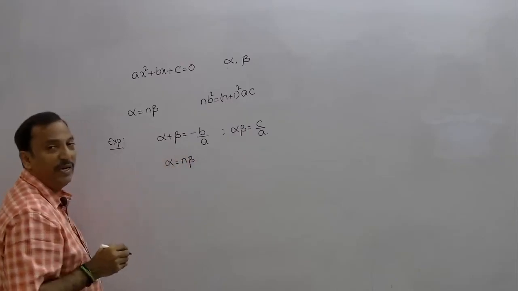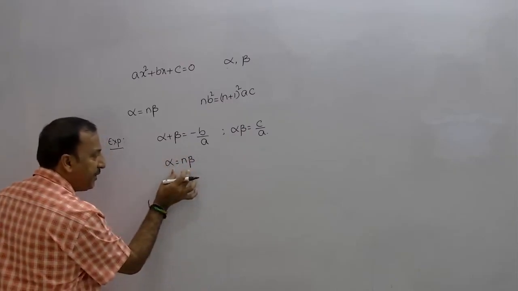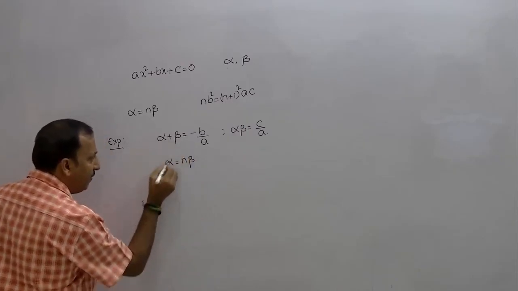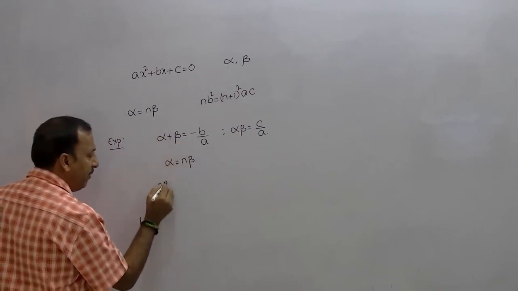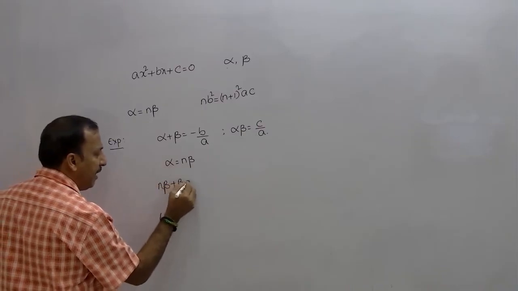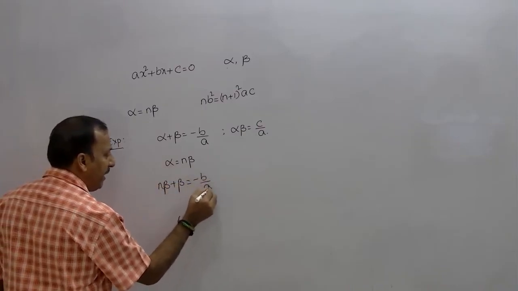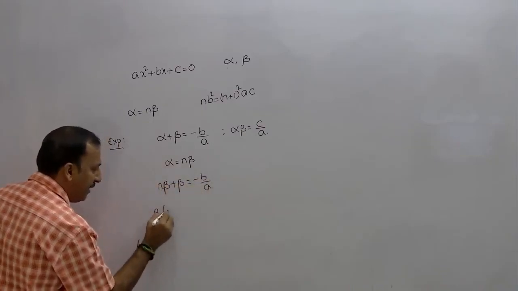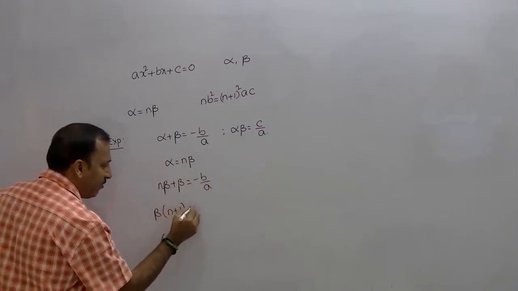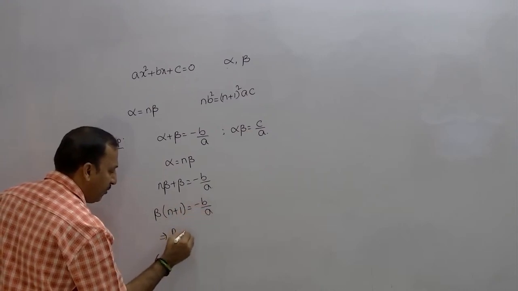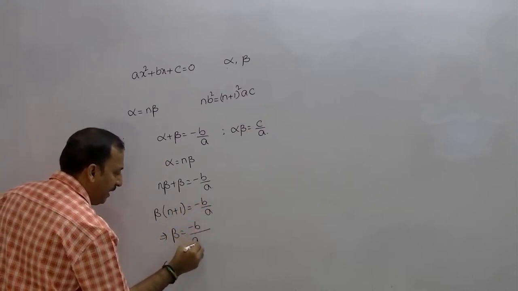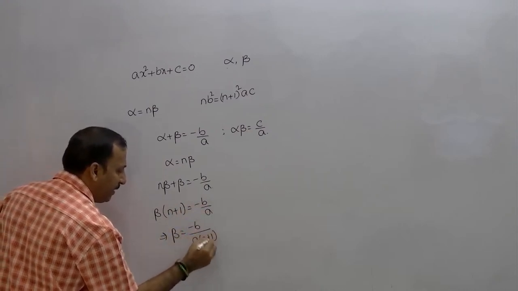Alpha is equal to n into beta. Substitute this in 1. In the place of alpha, we have to put n beta. So n beta plus beta is equal to minus b by a. So beta into (n plus 1) is equal to minus b by a, or beta is equal to minus b by a into (n plus 1).